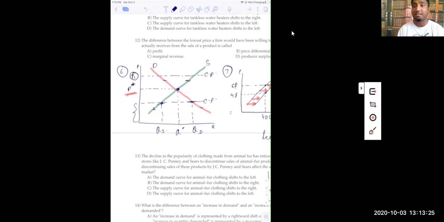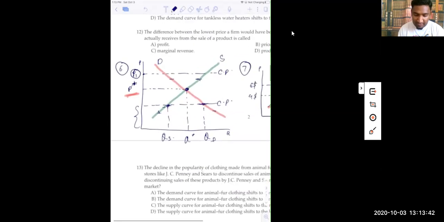A price ceiling is just a ceiling, a rooftop, or a limit on the prices. So the prices cannot increase above the price ceiling. If we set P1 as our ceiling price, it means that the prices cannot go above this P1. So you are flexible to set your prices anywhere below P1, right?